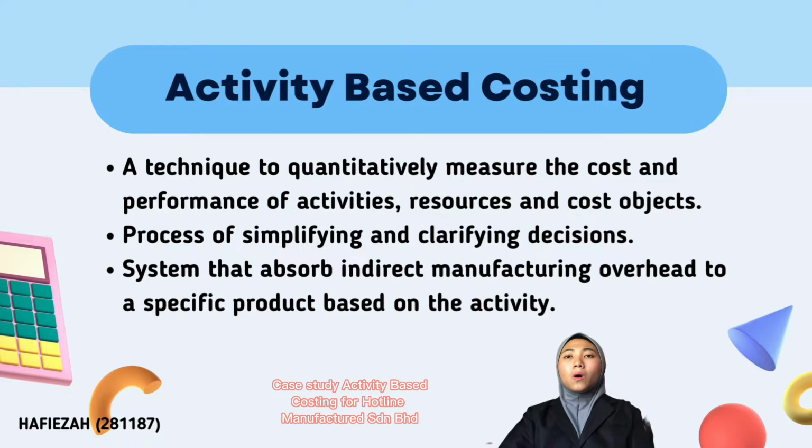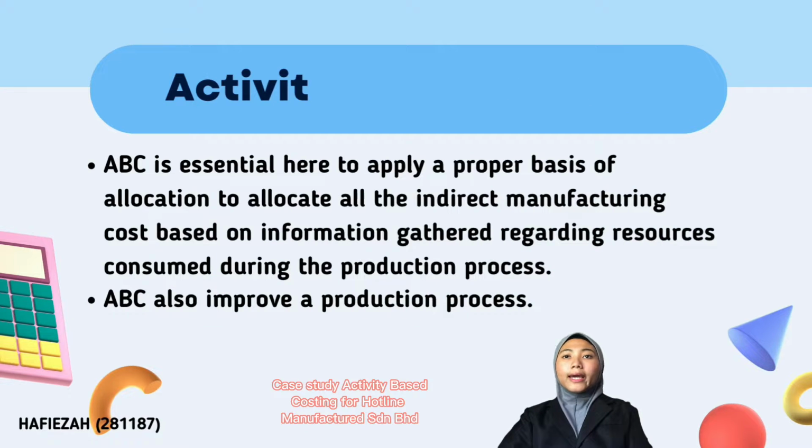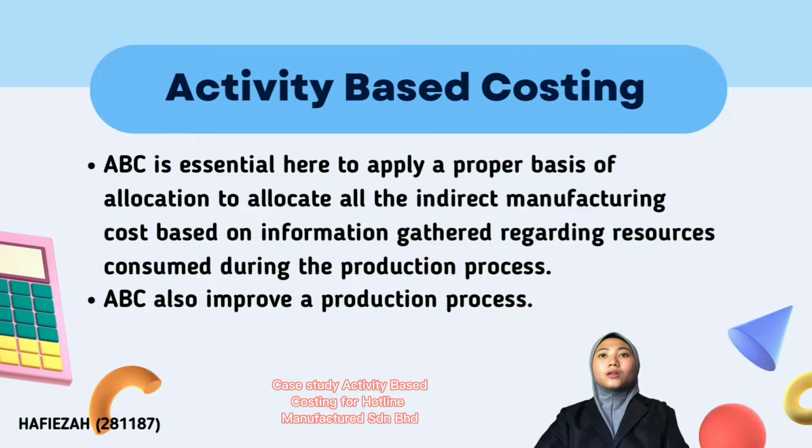Indirect manufacturing overhead for a manufacturer may include depreciation of plants and machinery, indirect labor such as supervisor levels and above, and many more. As all these indirect manufacturing overheads are not traceable to a product, ABC is essential here to apply a proper basis of allocation to allocate all the indirect manufacturing costs based on the information gathered regarding resources consumed during the production process.